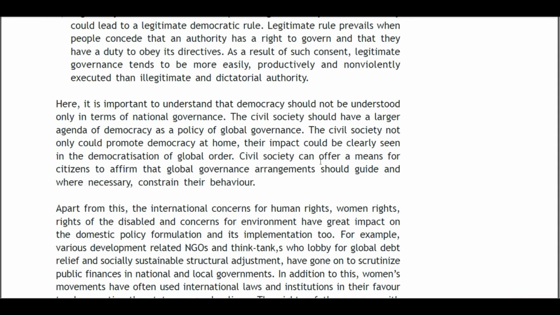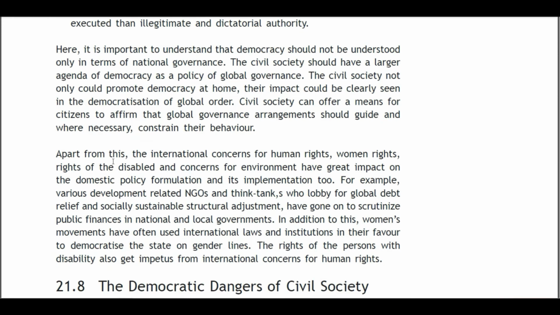Civil society can offer a means for citizens to affirm that global governance arrangements should guide and, where necessary, constrain their behavior. Apart from this, the international concerns for human rights, women's rights, rights of the disabled, and concern for the environment have greater impact in domestic policy formulation and its implementation too.